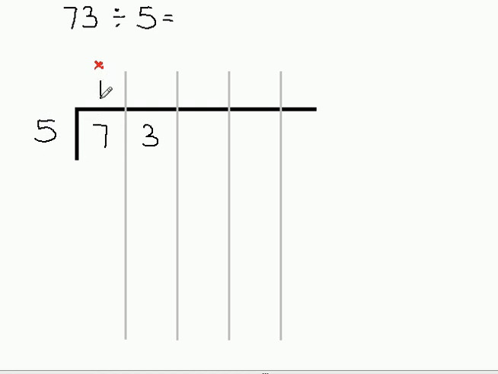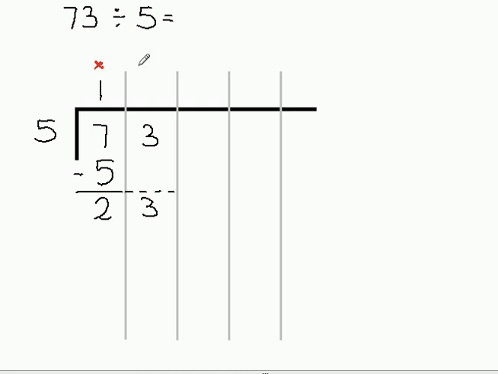And the answer is 1. I multiply the number I've just put up here by the divisor, and that gives me 5. Now 7 minus 5 is 2, and I'm going to do what I did before and carry the dotted line across there and bring the 3 down to there.